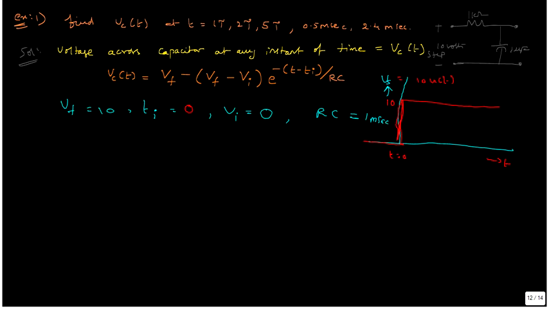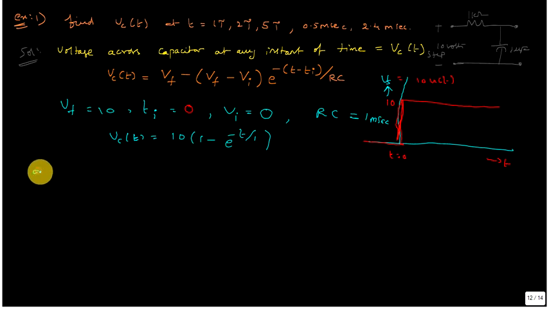So all the values we know now. The equation turns into Vc of t equal to 10 into 1 minus e power minus t by 1 millisecond. This is the capacitor voltage equation at any instant of time.